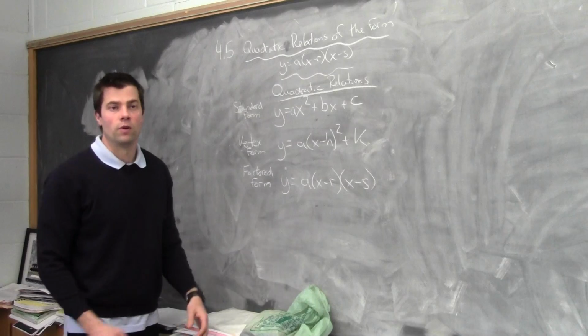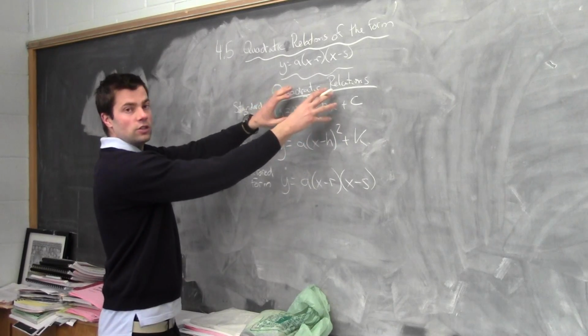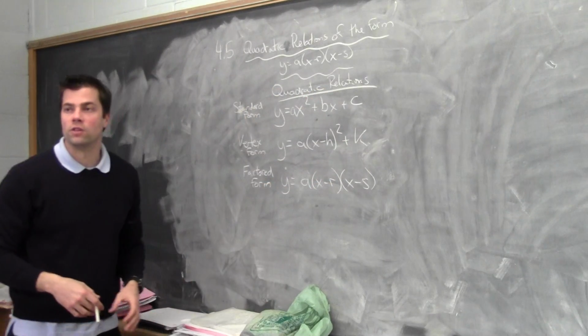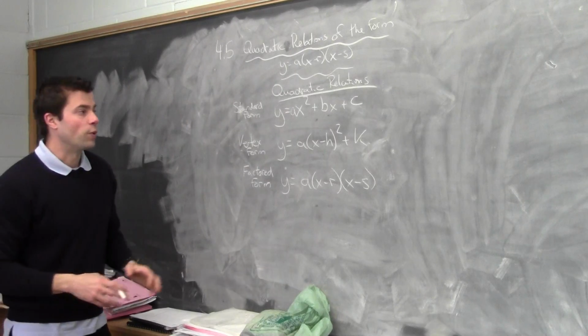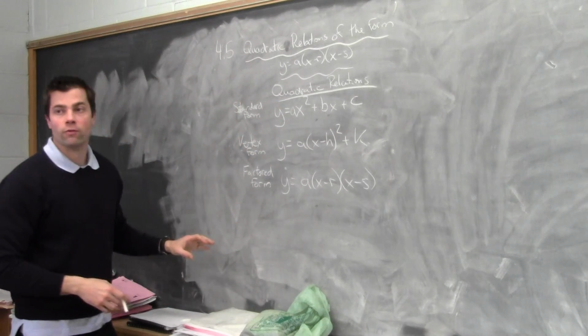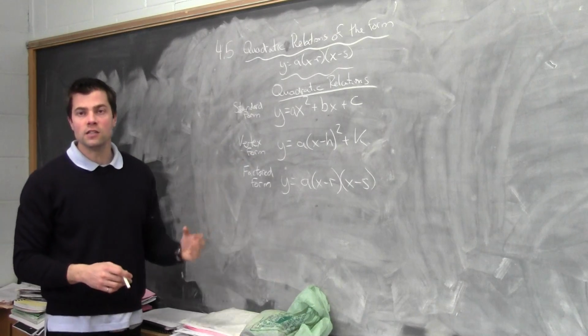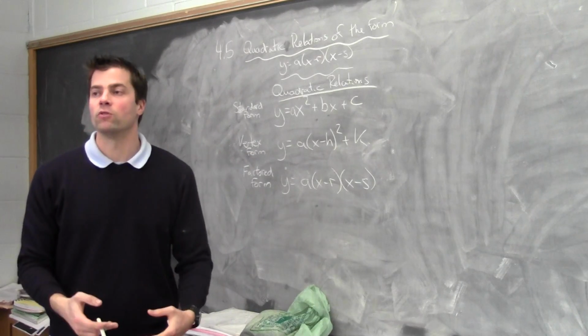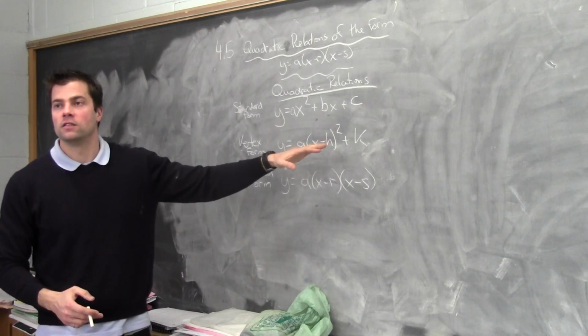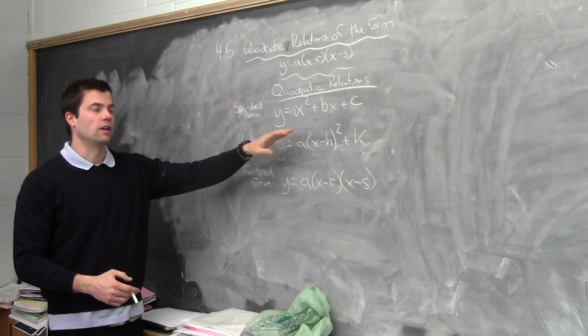That's the idea with this course. But the reason why we have 3 different forms, standard form, vertex form, and factored form, is because each form tells us something about the curve at a first glance, just by looking at it.